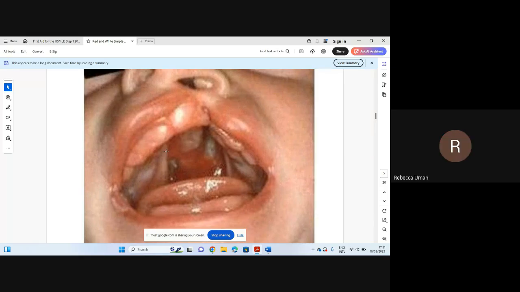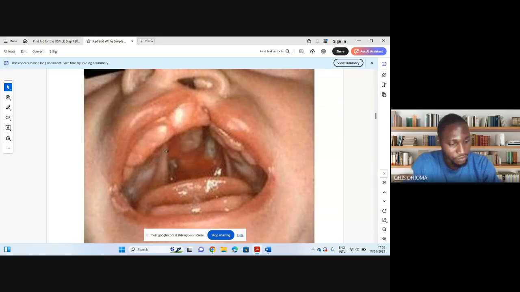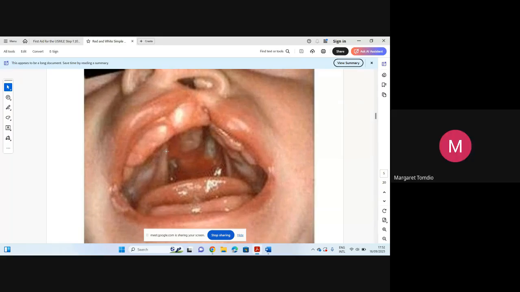Medication? Yeah, what medication? What medication do you think this patient was exposed to? There are several, but it's a psychiatric medication. Lithium?